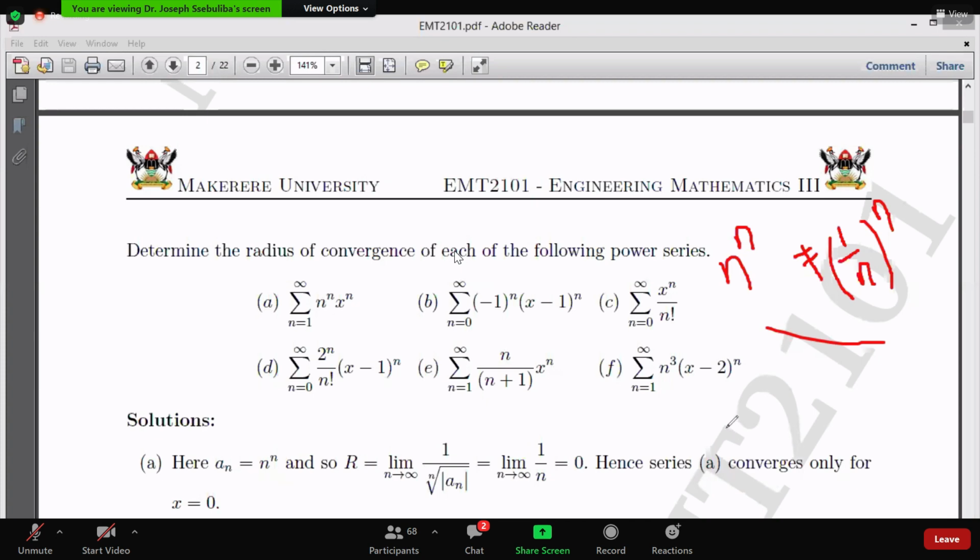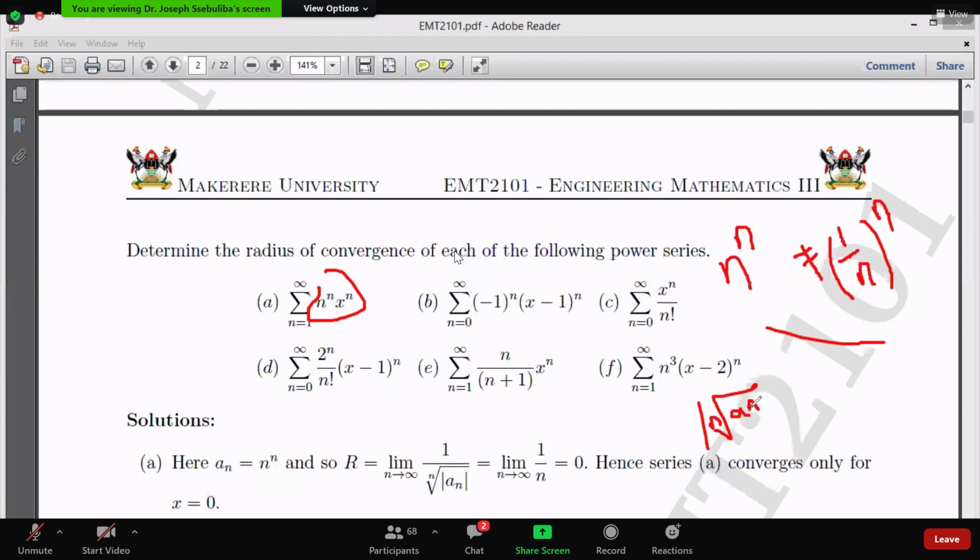He's saying for part A, so you check part A. But in part A, we used the root test, I think. This is the root test. In the root test, we take the nth root of a to the n.